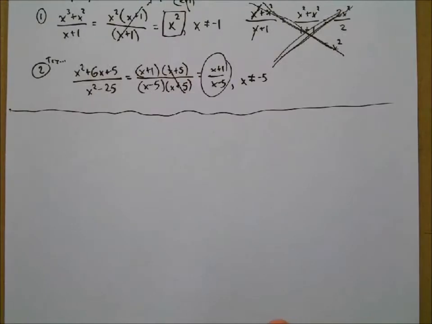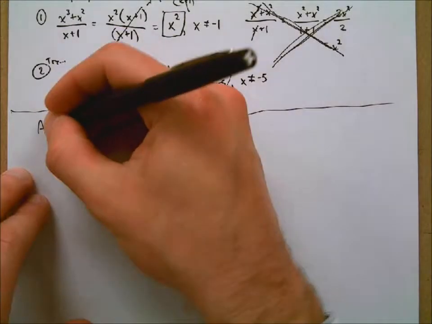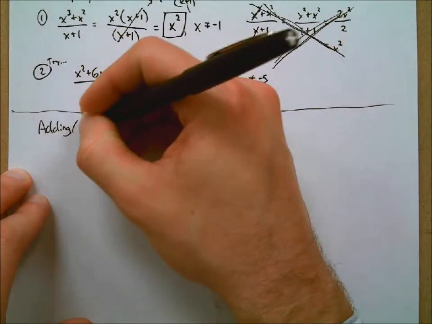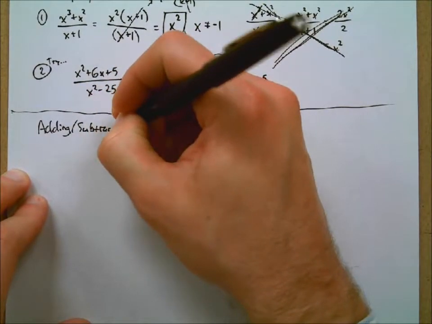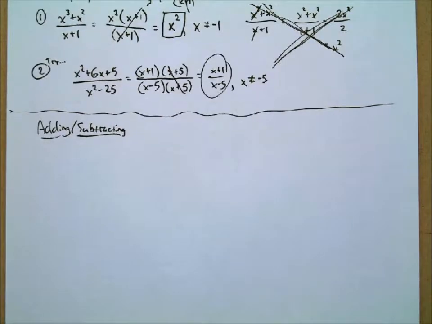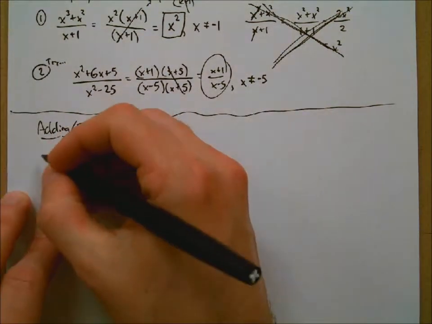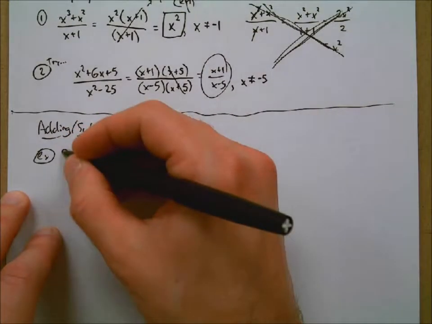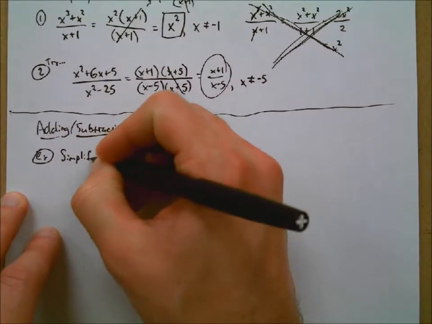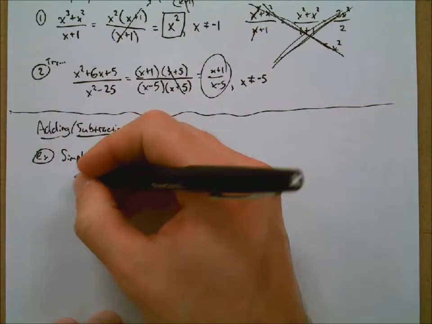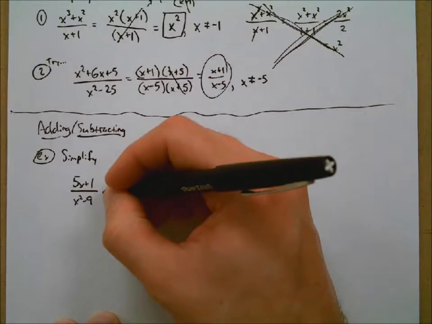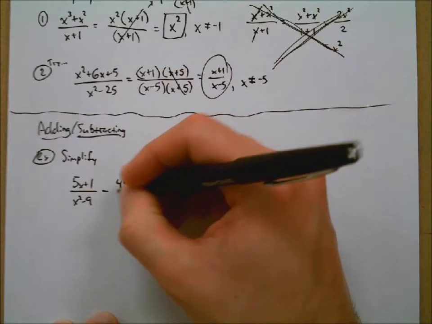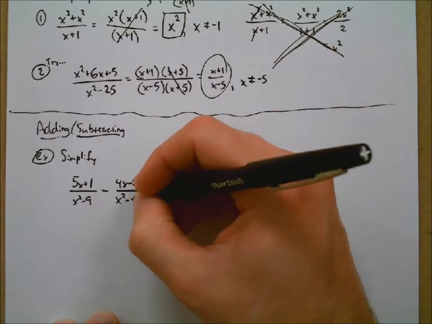Okay? All right. Let's talk about adding and subtracting now. All right. So again, we'll just have the directions of simplify here. So 5x plus 1 over x squared minus 9 minus 4x minus 2 over x squared minus 9.